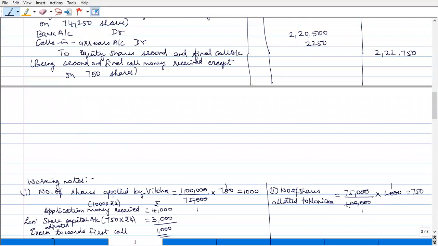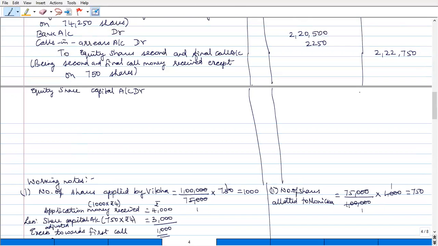Now coming to the next entry, her shares also are forfeited. So equity share capital account has to be debited with the called up value at the time of passing entry for forfeiture. So allotted number of shares 750 into 10 rupees per share. Full amount is called up. So 7,500 is the total amount called up. To forfeited shares account, how much ever she has paid.